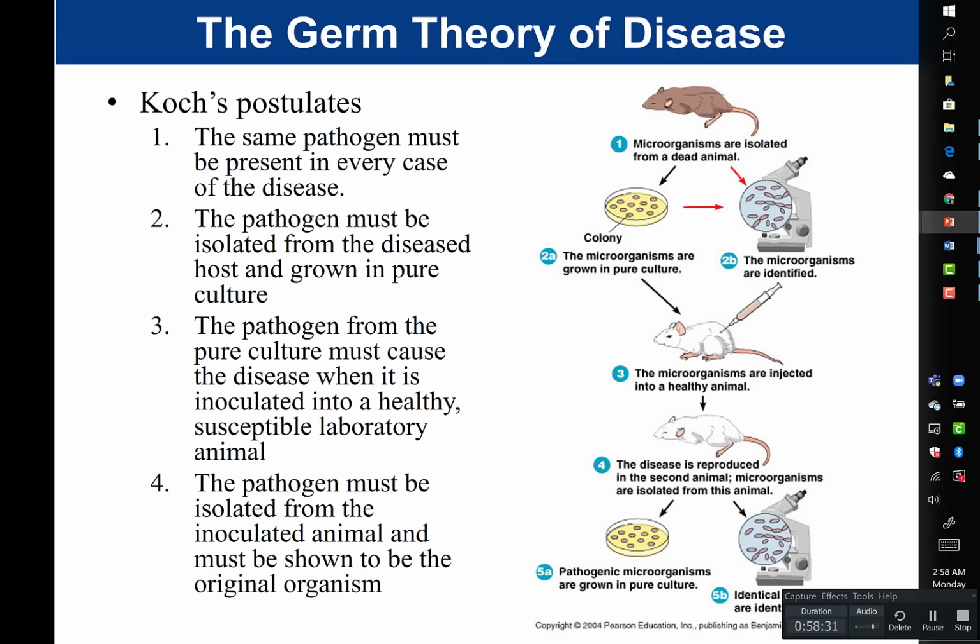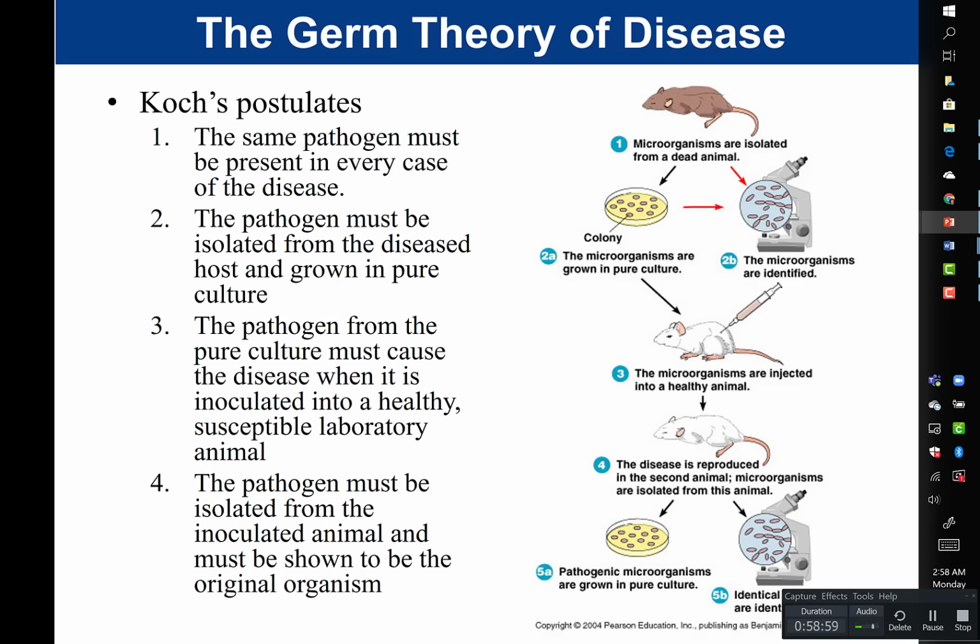The pathogen must be isolated from the diseased host and grown in pure culture. The pathogen from the pure culture must cause the disease when it's inoculated into a healthy, susceptible laboratory animal. So again, in step 2, they isolated the bacteria and then they inject it into a healthy host, and you're looking for, does it cause disease?